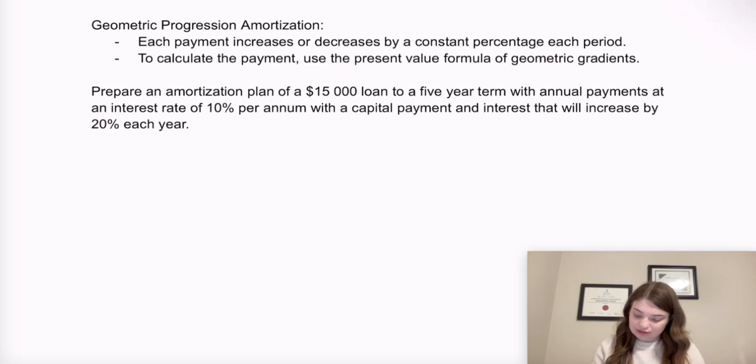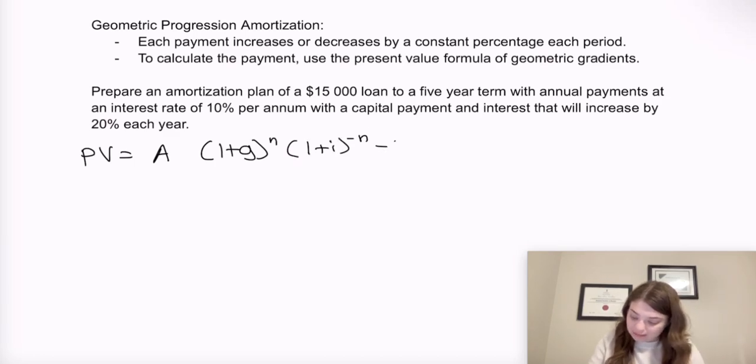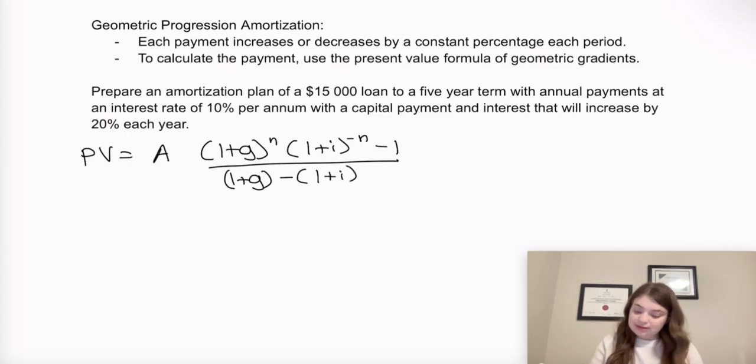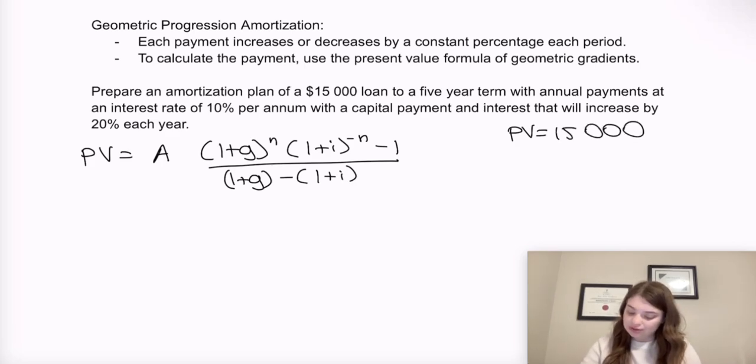So let's do that. The present value is equal to A, the first payment, times 1 plus g to the power of n times 1 plus i to the power of negative n minus 1, all over 1 plus g minus 1 plus i. In this case, the present value is the amount of the overall loan, so that's going to be $15,000.